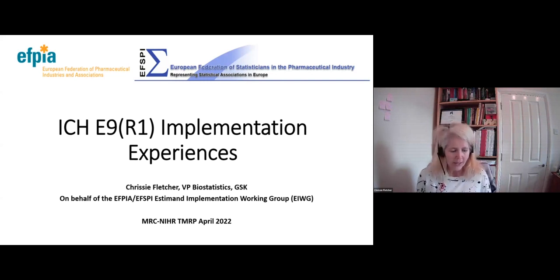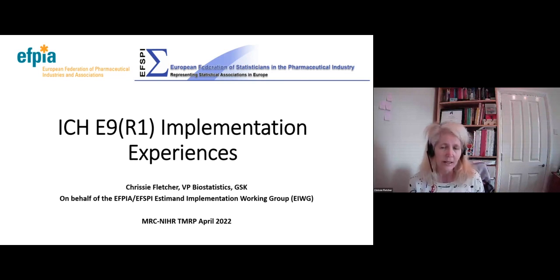With this new guideline, it is a new framework, and you've seen how it works this morning. But there are some new definitions. What a sensitivity analysis means is different now, and we need to make sure we embrace that going forward. E9R1 no longer really supports per protocol analyses. They have been biased.